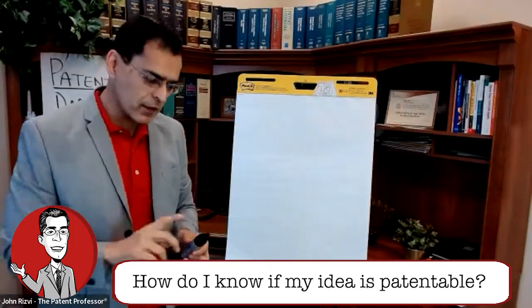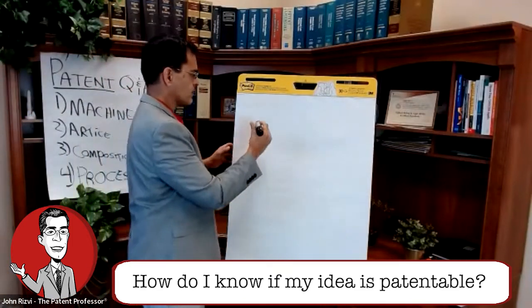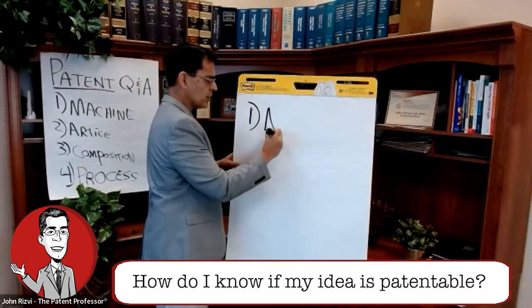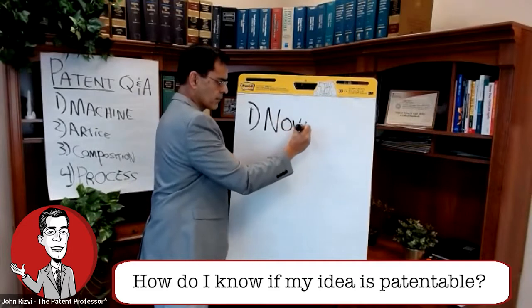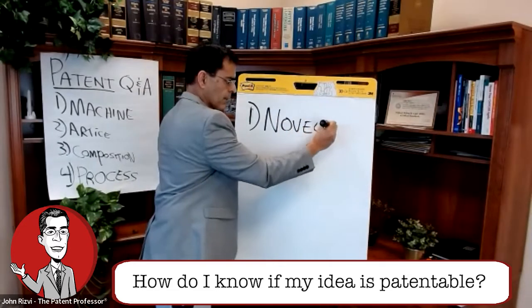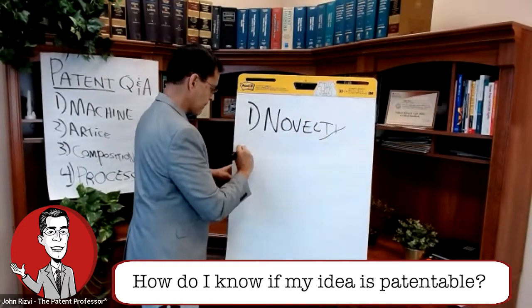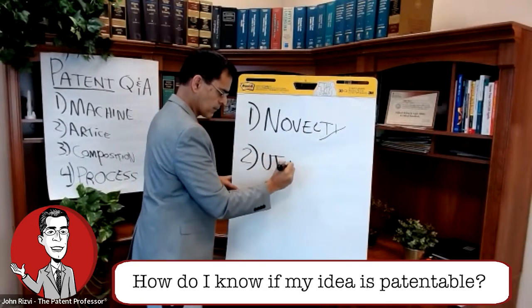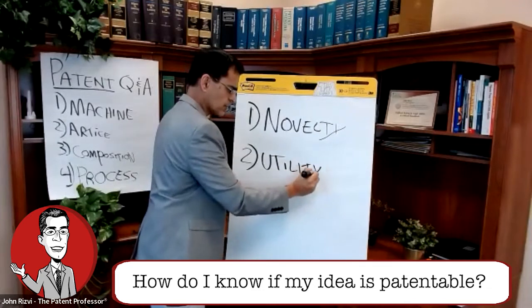Now, if you have patentable subject matter, what you need next, you have to fit these 3 requirements. The first one is novelty. Second is utility. And I'm going to explain what each of these are in a second.